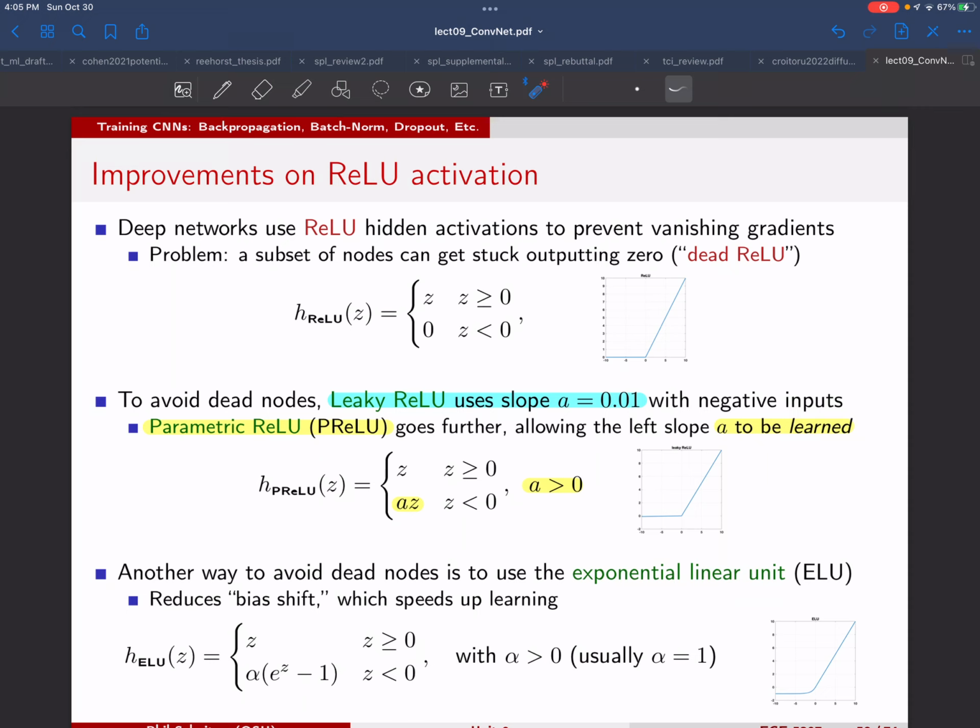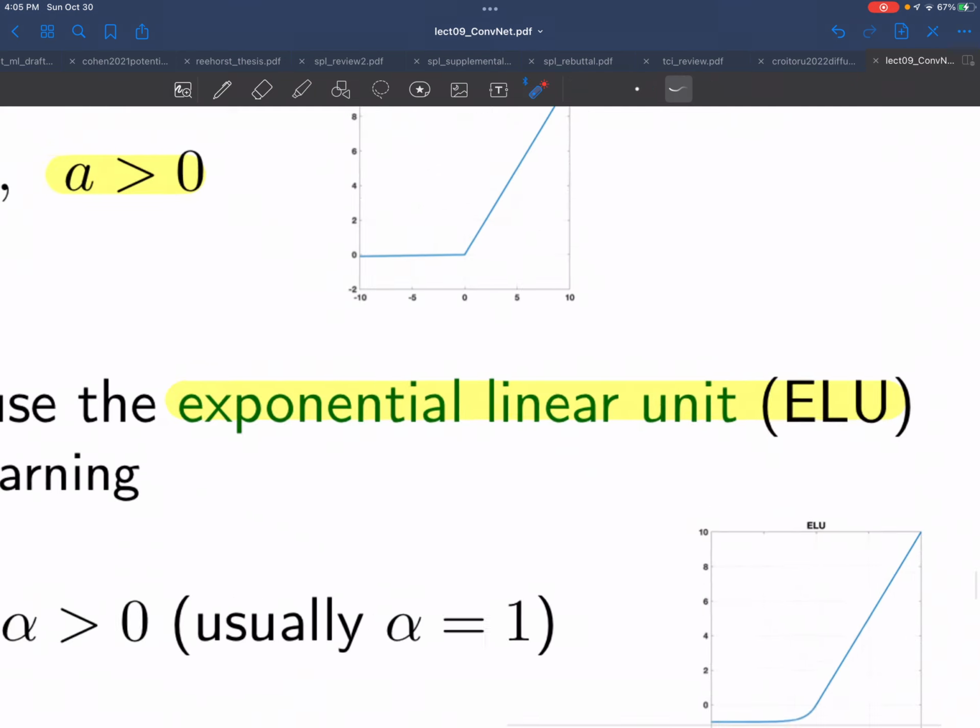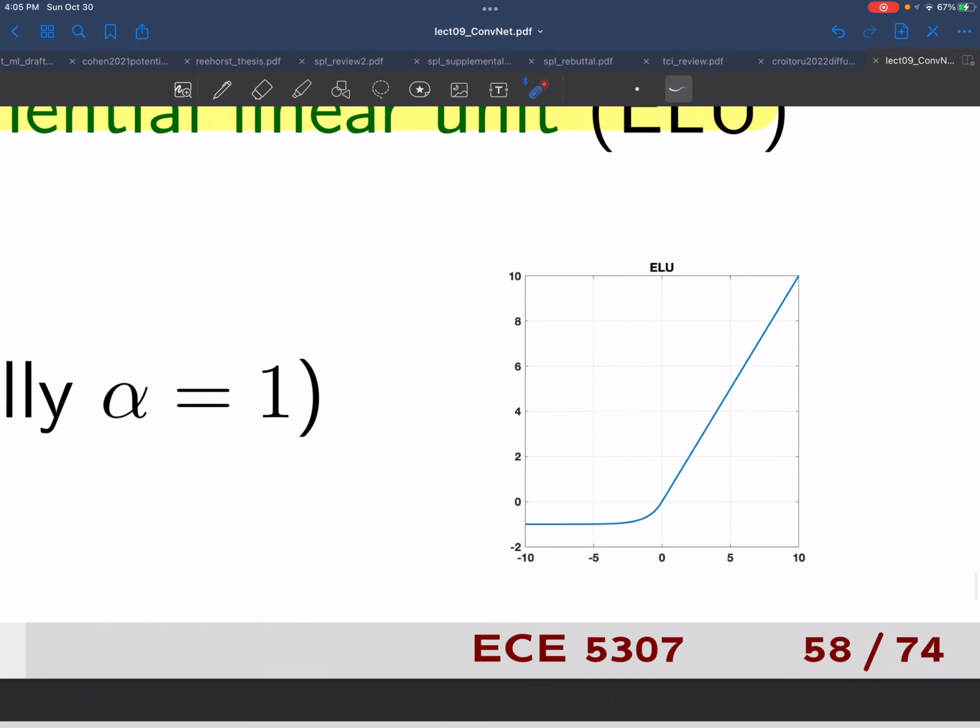Another one that is pretty popular is the exponential linear unit, or ELU. For the positive side, it's just like a ReLU, so it's just a slope of 1. For the negative side, it is smooth. If you look at this picture, you can see that it's smooth here.